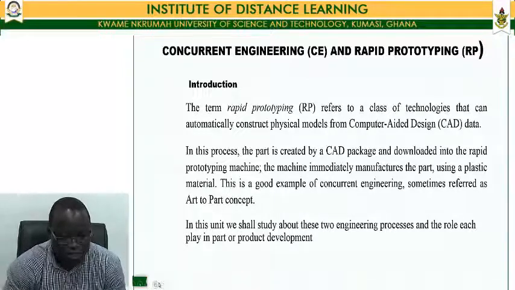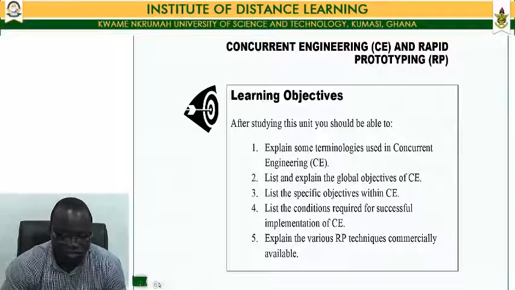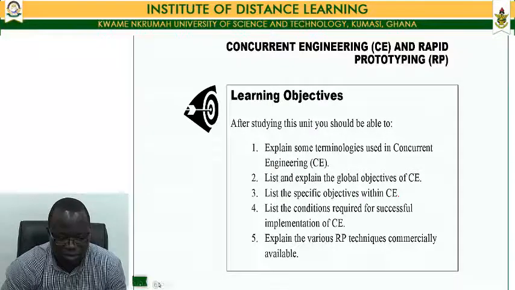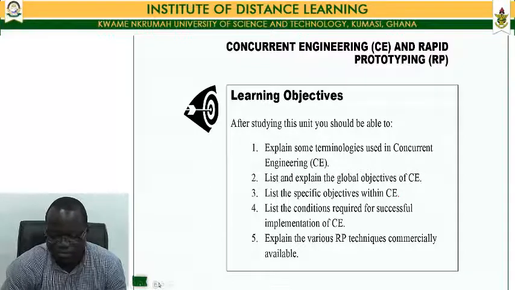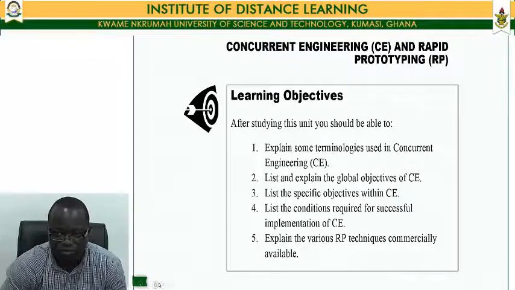So we move on to our learning objectives. After we study this course, we should be able to explain some terminologies used in concurrent engineering. We go through a list of terminologies. We also have to be able to explain and list the global objectives of concurrent engineering. We should be able to list the specific objectives as well, and the conditions required for successful implementation of concurrent engineering.